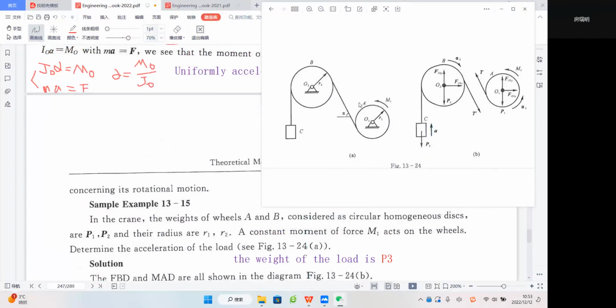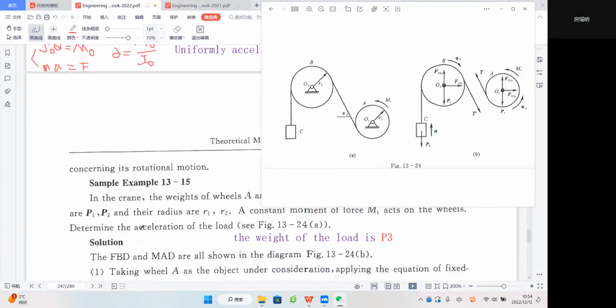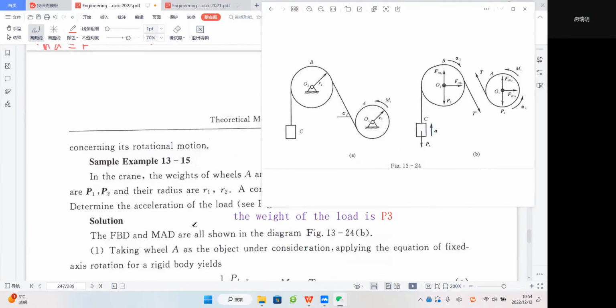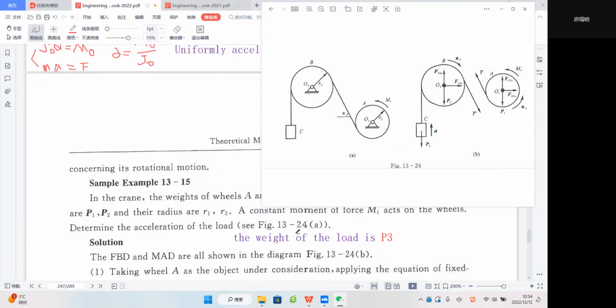So we can think about that. Actually, when we let this wheel roll, the string will keep wrapped on the wheel, and this weight C will move along the vertical line direction. So our task is to determine the acceleration of the load. So let's see, the weight of the load is P3.